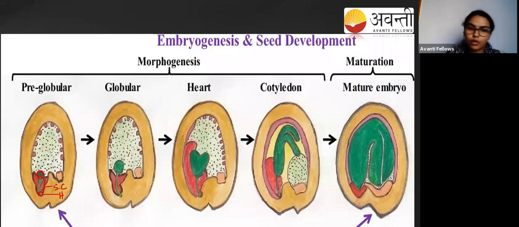It is at the pre-globular stage, it is not completely globular. The cells are continuously dividing. What is happening there? Mitotic divisions keep happening so that it gives rise to a mass of cells, and that mass will look like a globe. Hence the term globular shaped embryo.